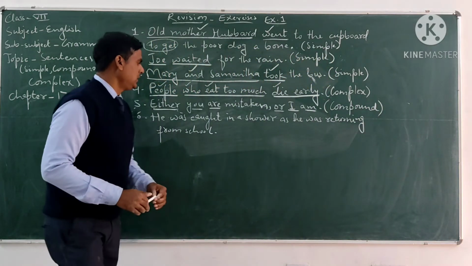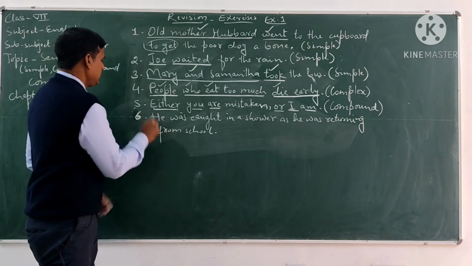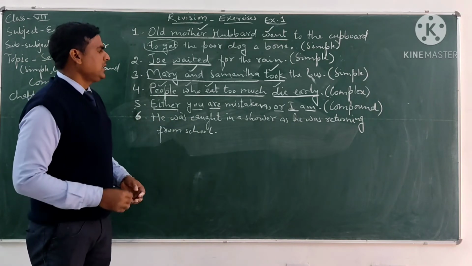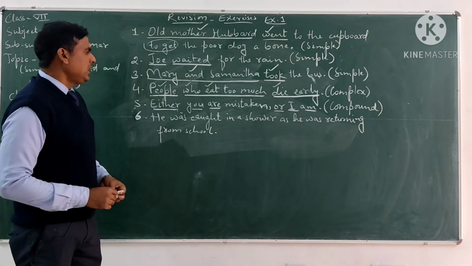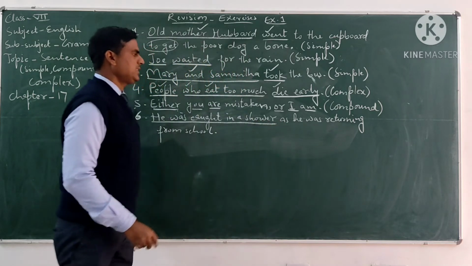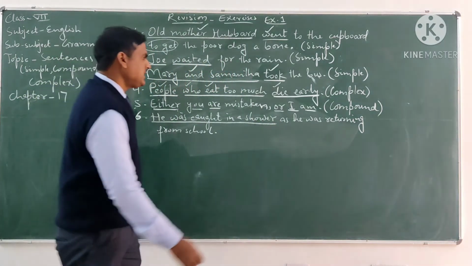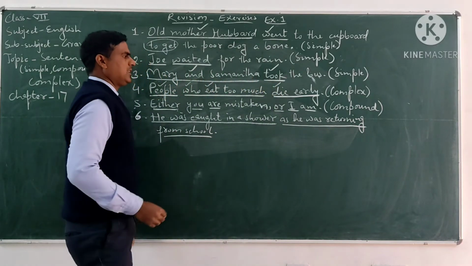And the next one, the sixth one is, he was caught in a shower as he was returning from school. He was caught in a shower is the principal clause. As he was returning from school is the dependent clause.